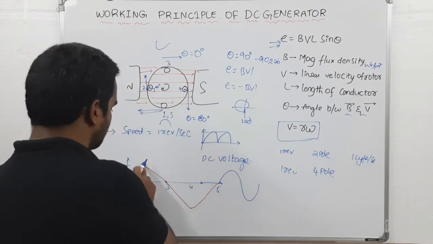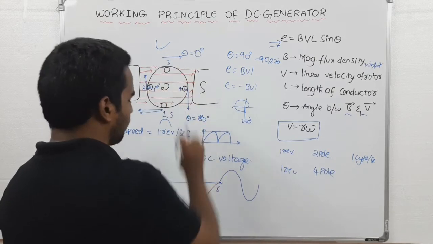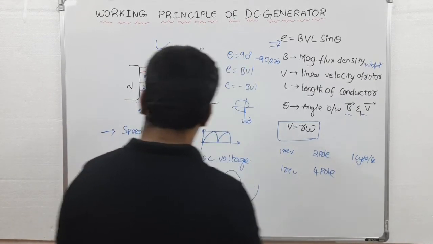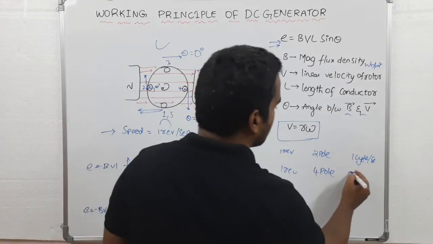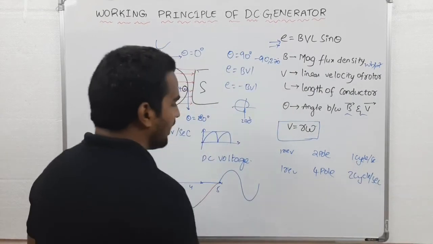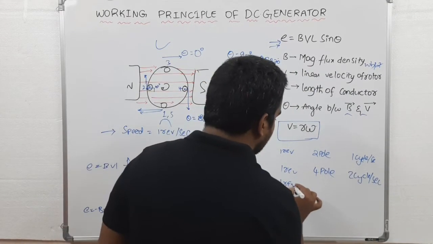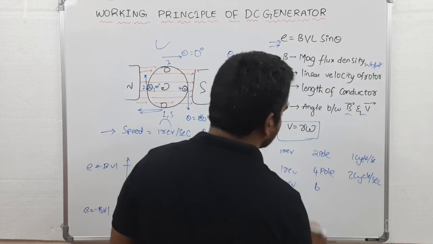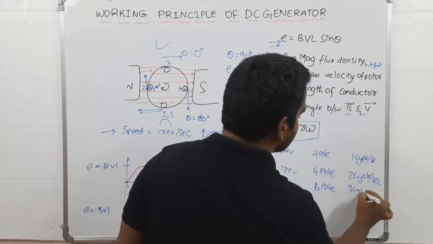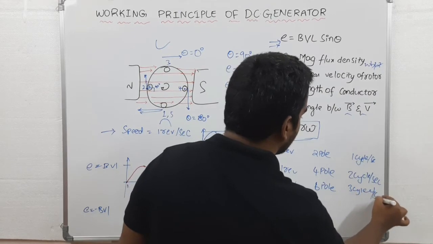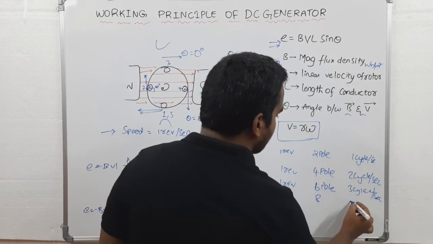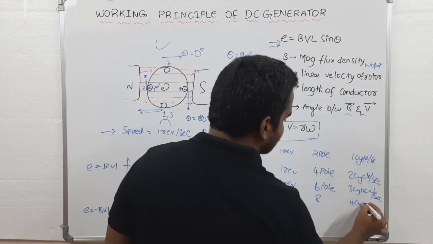For 2 poles, 2 peak values, and for 4 poles, 1, 2, 3, 4 peak values. So there will be 2 cycles per second. For 1 revolution, if it is a 6-pole machine, there will be 3 cycles. If it is an 8-pole machine, there will be 4 cycles.